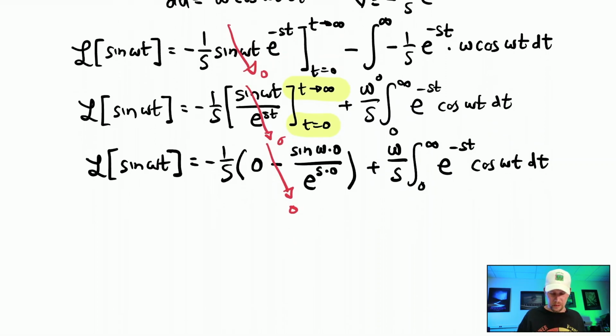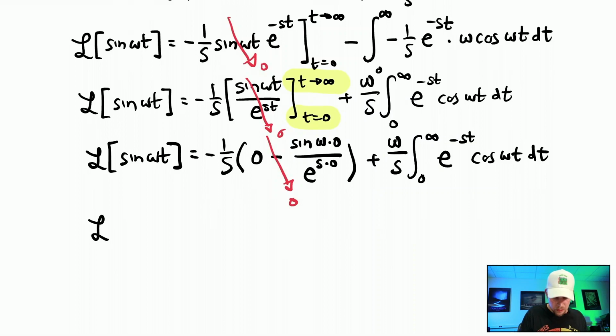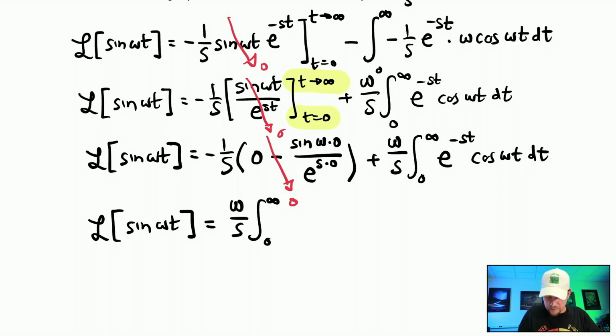So let's write this out a little more cleanly. We have the Laplace transform of sine of omega t. The first term goes to 0, and then we're left with omega over s, integral from 0 to infinity of e to the minus st times the cosine of omega t dt.